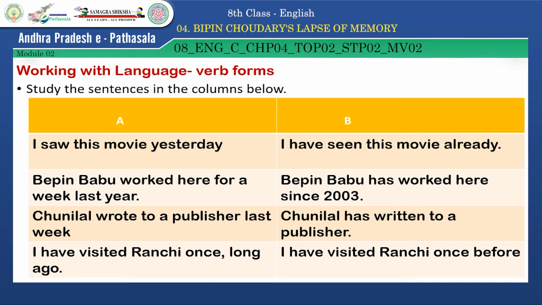He is in Ranchi and he is recollecting that he had visited Ranchi once before. So this is conveying that he is recollecting something. Okay, so this is present perfect. He is still in Ranchi now. Let's move on to questions based on this table.